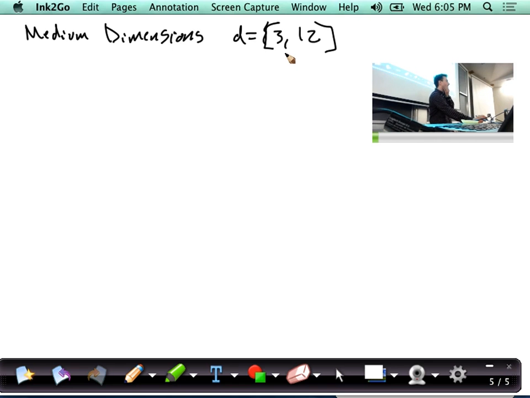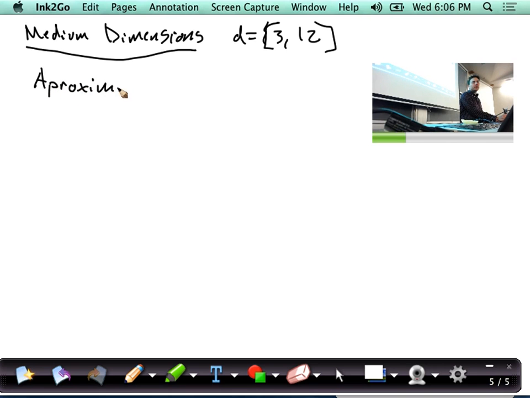The first, there are going to be some structures that can solve the problem exactly. But this is kind of the point where it's worth looking at the approximate nearest neighbor problem.